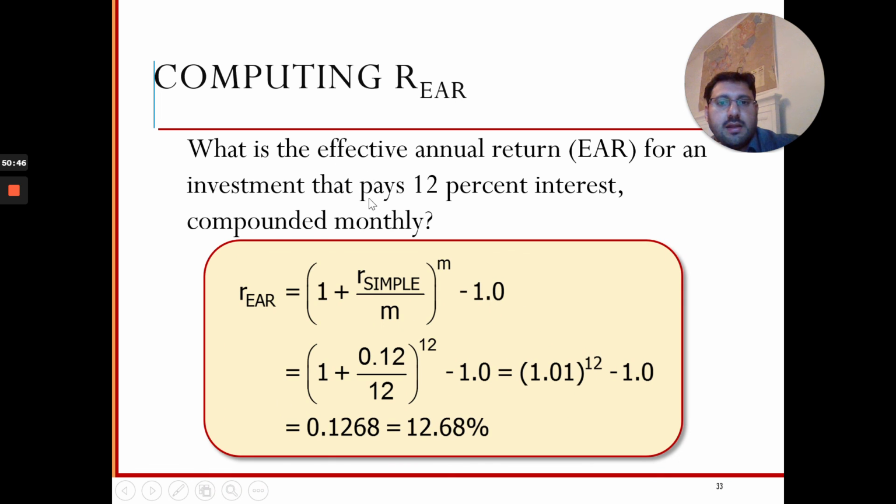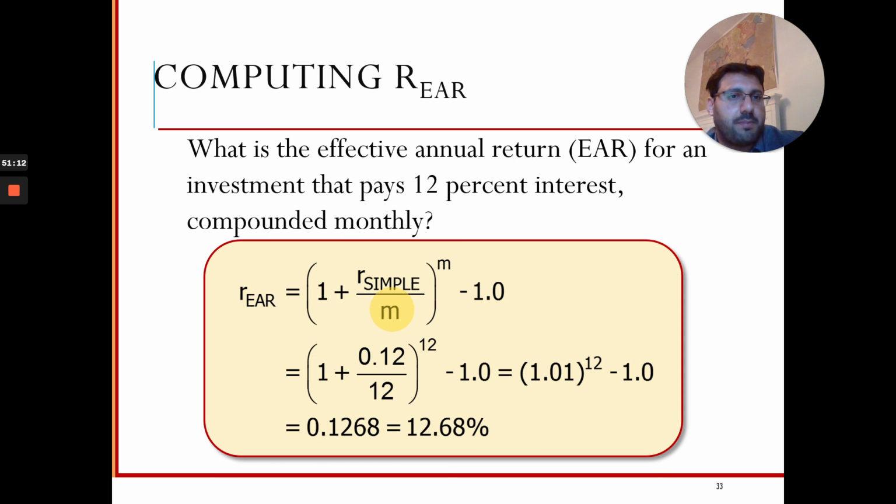If there is an investment that pays you 12% interest, and you will get the interest 12 times in a year, the simple interest is 12%, which is 0.12, divided by 12, because the interest is getting compounded monthly, so M is 12.